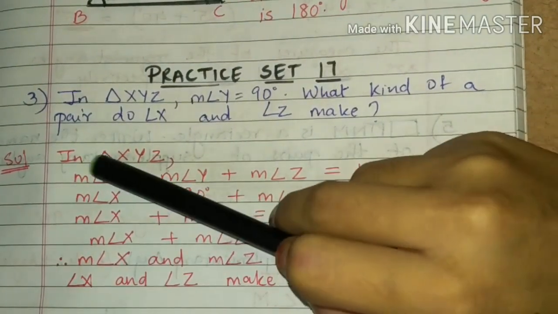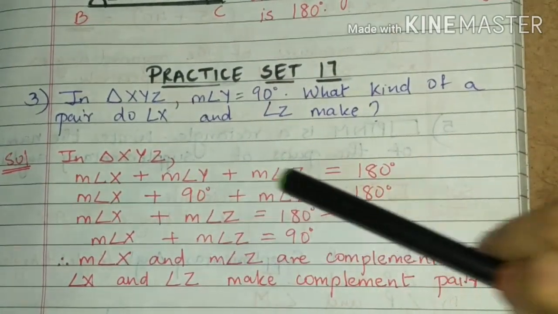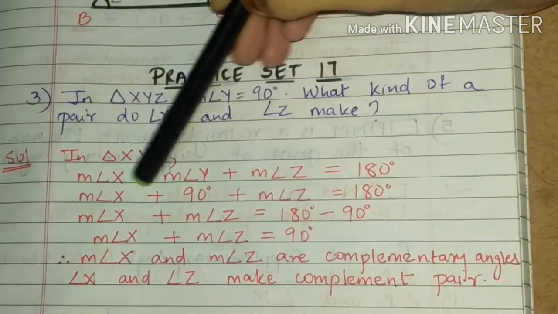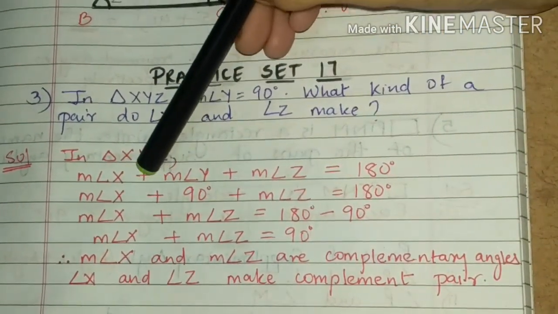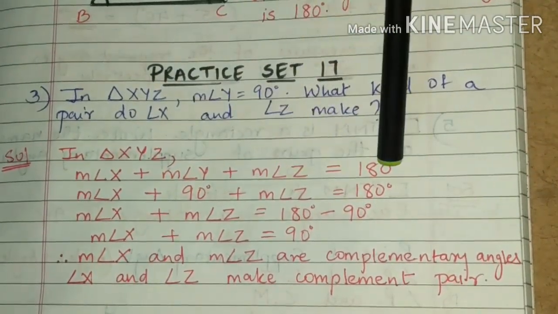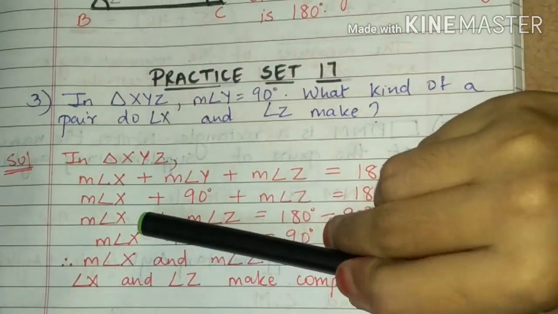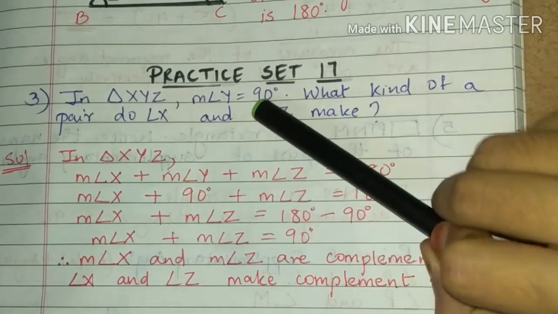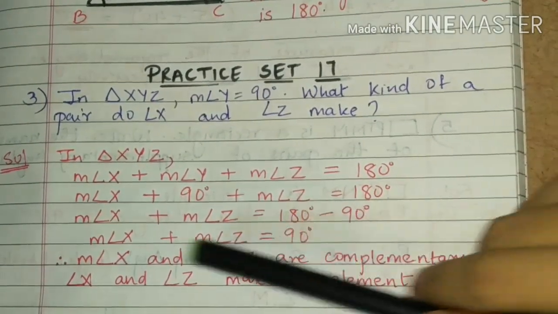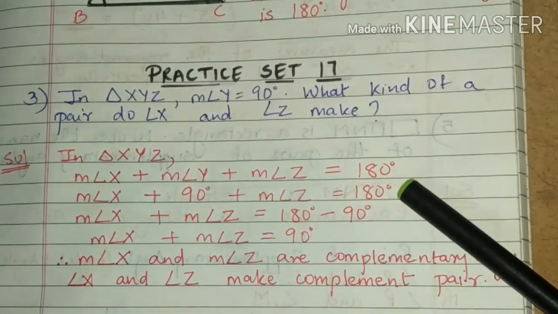As I have told you, the sum of the measures of all the angles of a triangle should be equal to 180. Measure angle X, you don't know. Measure angle Y is given to be 90 degrees. And measure angle Z, you don't know. So measure angle X plus 90 degrees plus measure angle Z equals 180.